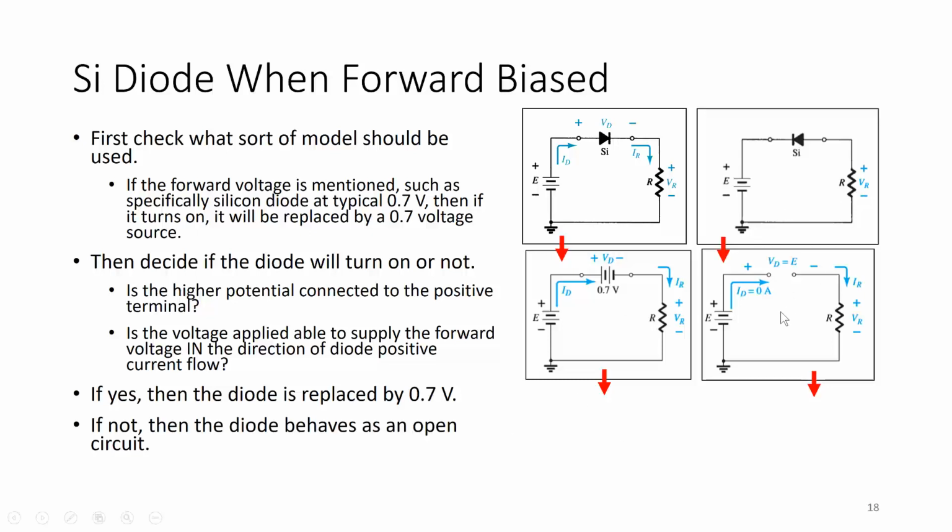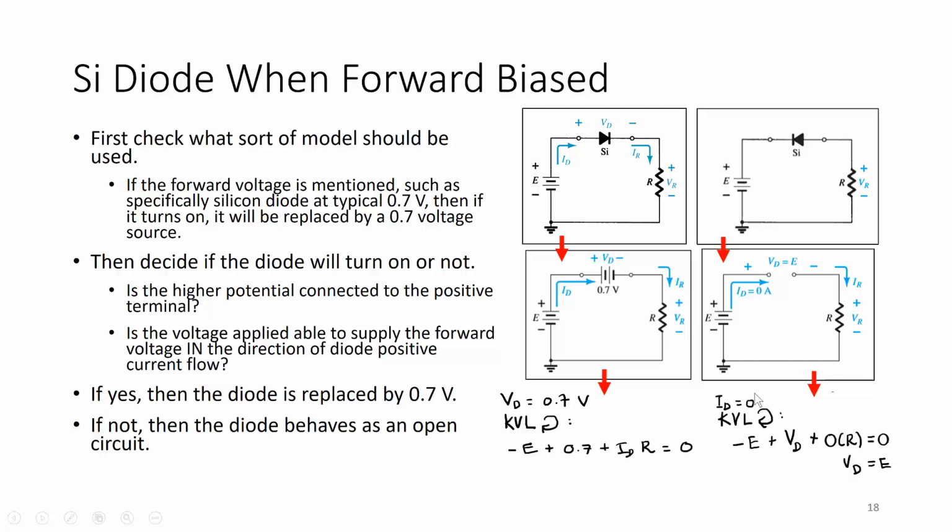I'm just comparing left and right here, forward bias and reverse bias. If it is forward biased and replaced by 0.7 volts, we know VD is 0.7 volts. If we do a simple KVL, I'm going to have minus E plus 0.7 plus ID times R. But on the right diagram, if it is an open circuit, the voltage drop across the diode is going to depend on the circuit.